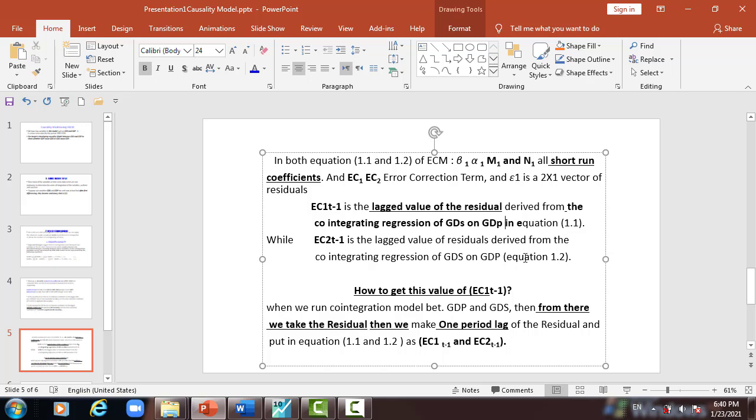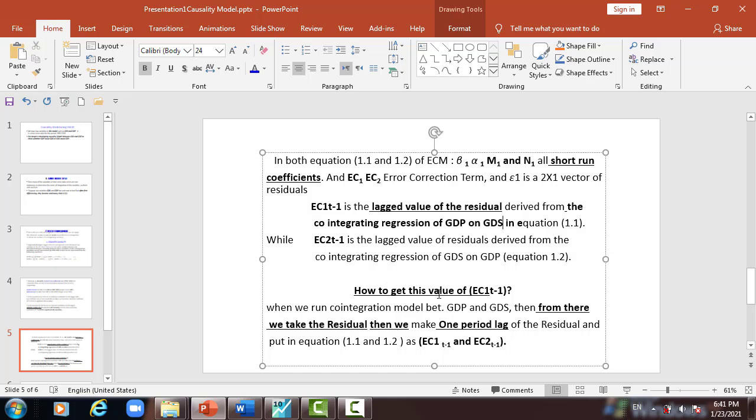And ECT2 at t minus 1 is the lagged value of the residual derived from the cointegration regression of GDP on GDS in equation 2.